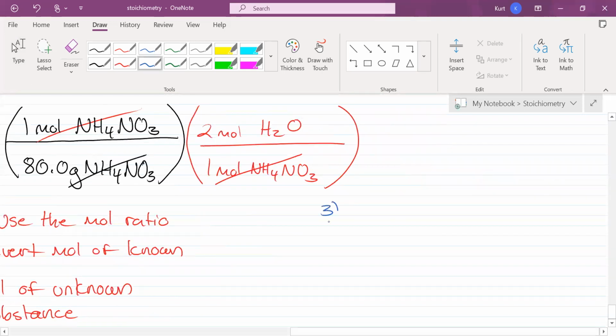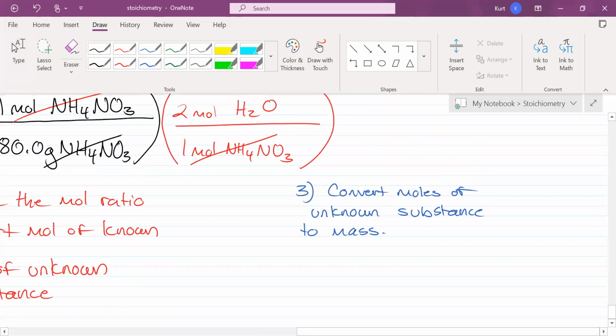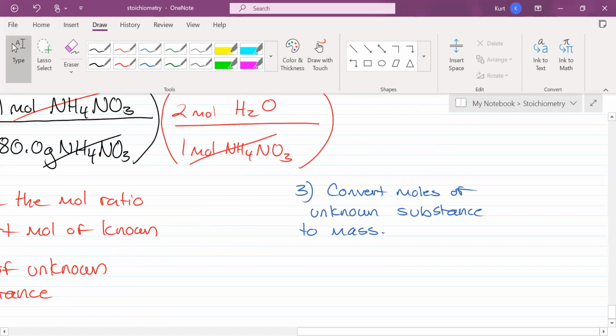Step 3. Convert moles of unknown substance, which in this case is water, to mass. So in order to do this, you need to know the molar mass of water. I want you all to just memorize this number. At what age are you legally an adult? That's water. Just memorize it. I'm telling you, you are going to deal with water so much in this semester.